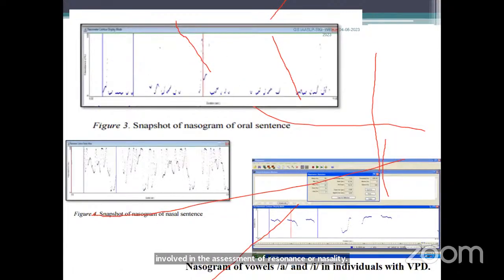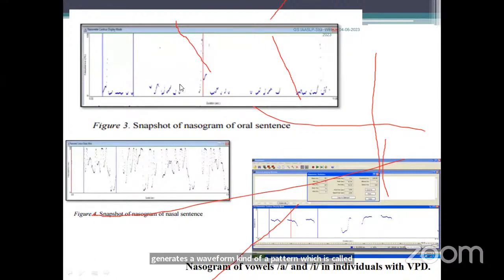So what you are seeing in the current slide is how, if we record a stimulus, we get a visual representation on our nasometric screen. If you see the first one, for oral sentences, what we are seeing is called a nasogram. Based on our oral and nasal energy, it generates a waveform kind of pattern, which is called a nasogram.